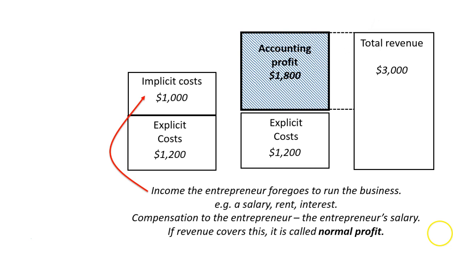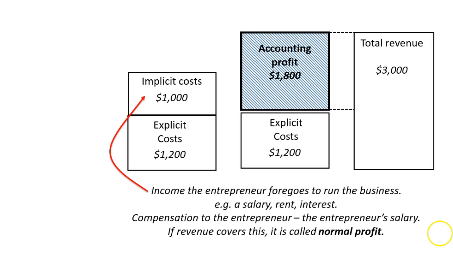So this is money which is given up by the entrepreneur. The economist says this is a cost of running the business too. It's a cost to the entrepreneur. The entrepreneur, therefore, has to be compensated for giving up this income in order to run their business. So these implicit costs could be thought of as the salary that the entrepreneur has to pay themselves to make it worth their while to run the business.